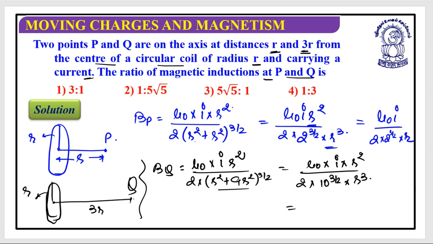This is equal to mu naught I by 2 into 10 to the power 3 by 2 multiplied by 1 by r. Yes, this is the magnetic field at point Q.